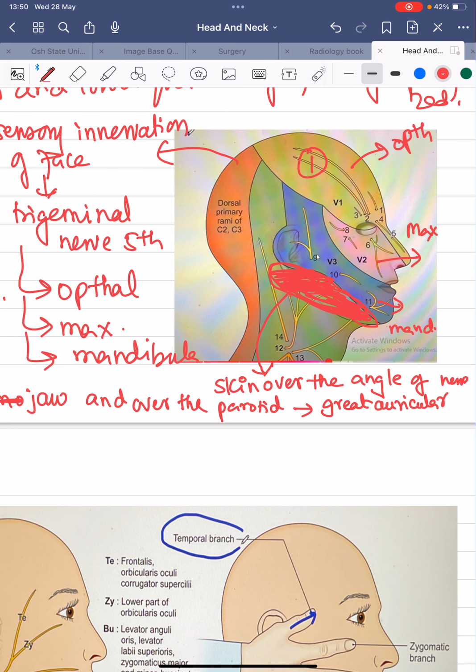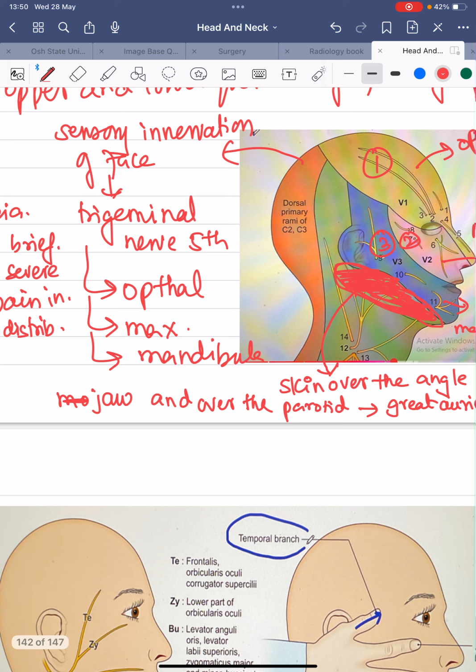This one 1, this one 2, this one 3. So here the patient will have severe pain. Sometimes the patient will describe the pain as an electric shock. It can last for seconds, and it can be triggered by light facial touch, or when the patient talks or chews food.